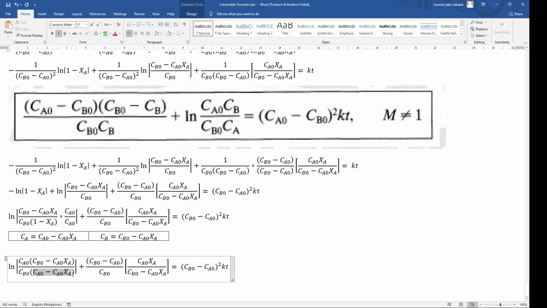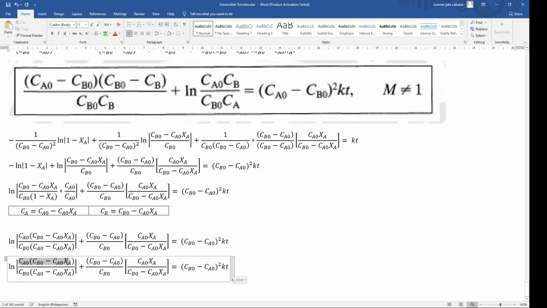And then this one is equal to C_A. So we have C_AO, C_B, and for this we are left with C_A.